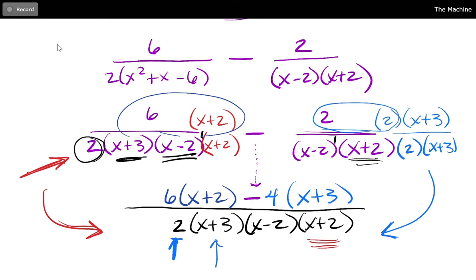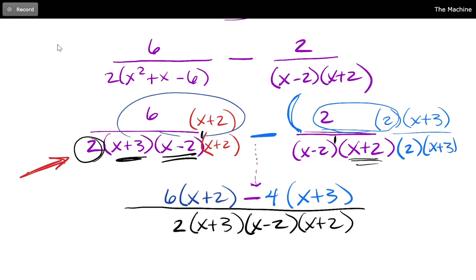And let me remove a little bit of the clutter so that you can see it here. All right. Now, a crucial thing is that because it's minus right there, it's minus whatever the group of the numerator is. It's minus the whole thing. And so a mistake that students make is they don't distribute that negative sign in there.